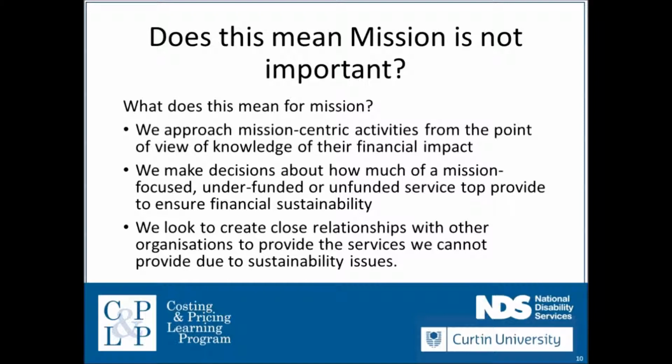There's always a line in the sand where we cannot continue to provide underfunded or unfunded services because it will affect the financial sustainability of the organisation, which of course ultimately means that all services would be affected. So there's got to be a balance between the provision of those services that are actually funded under the NDIS scheme and those peripheral services or additional services that make up the holistic service delivery experience for your clients, but which do represent a financial threat for the organisation.